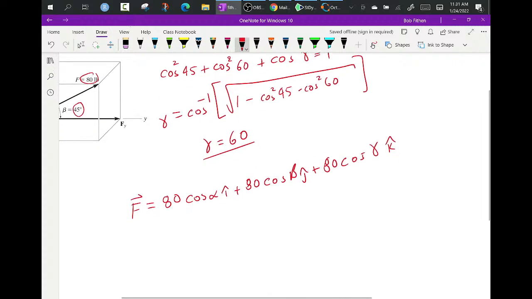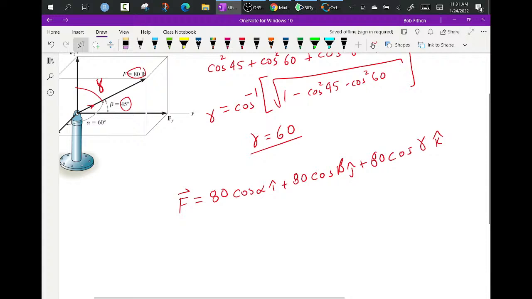Or you might as well put in the 60, the 45, and another 60.